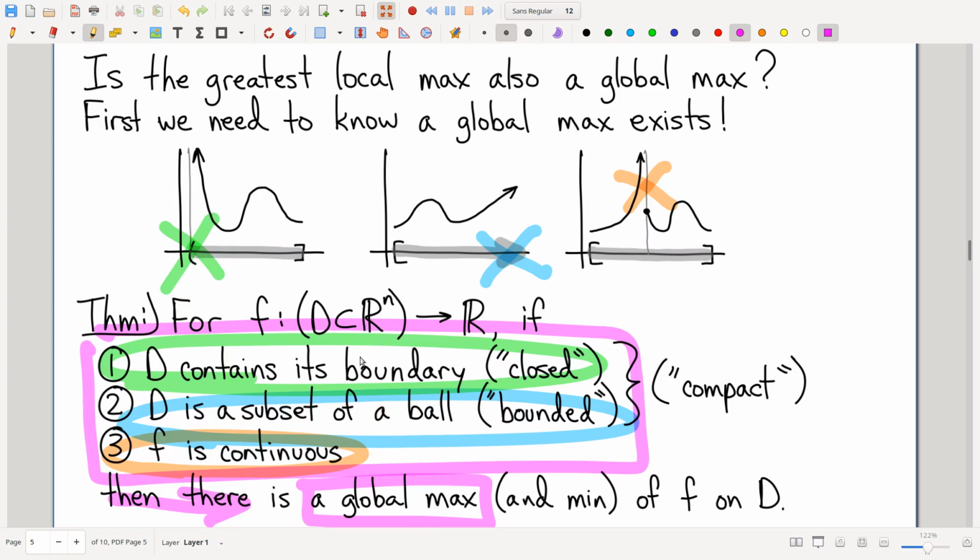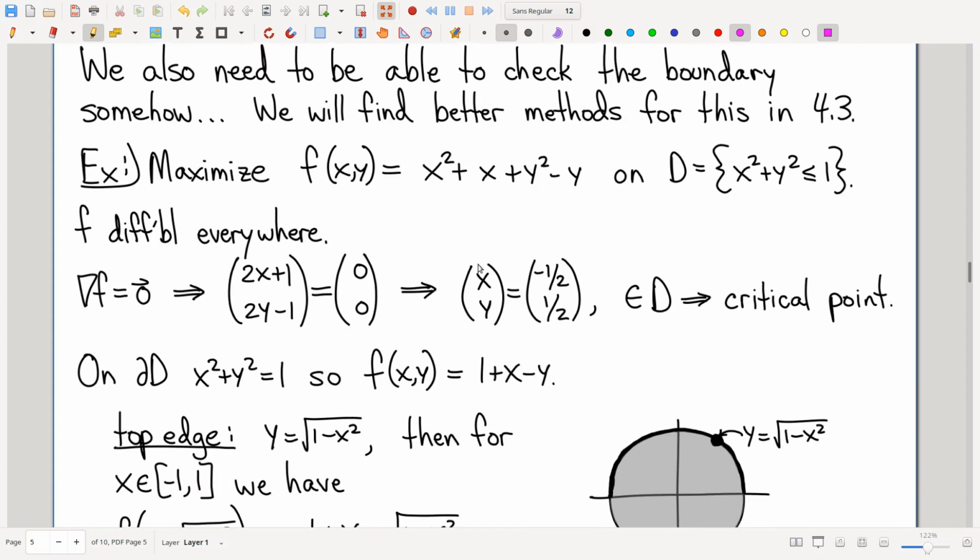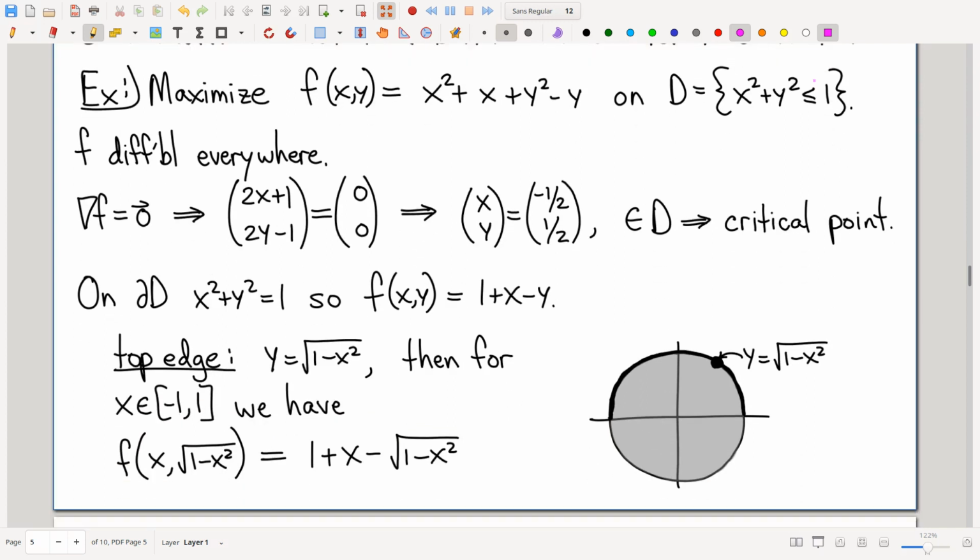All right, now we're going to skip this next page and a half, I guess it is. What we have here is a discussion of how to check the boundary. Remember, our methods so far don't apply on the boundary. Right? Boundary points are critical points. We can't eliminate them with our existing arguments. So how do I eliminate boundary points?